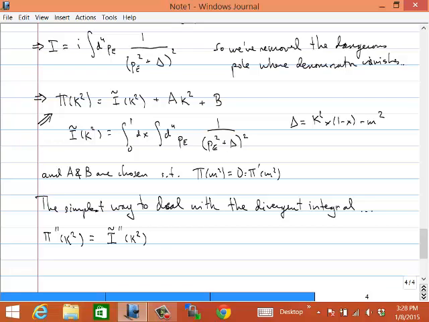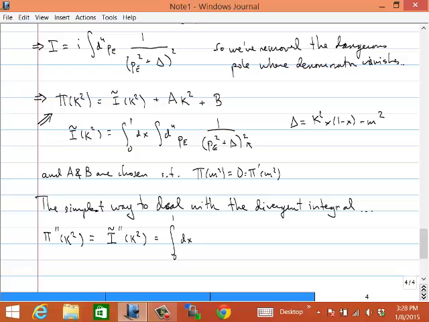And the important point is that when you do that, let's just work it out, every time you take a derivative with respect to k squared, you increase the power of this denominator here, okay? Because delta has a k squared in it.